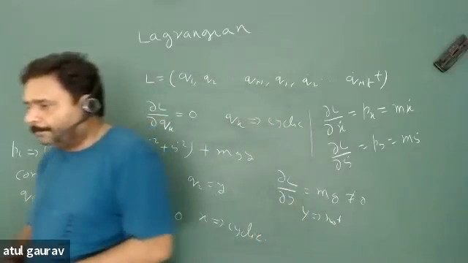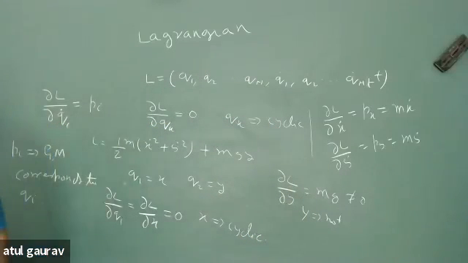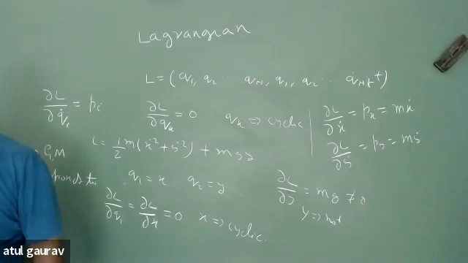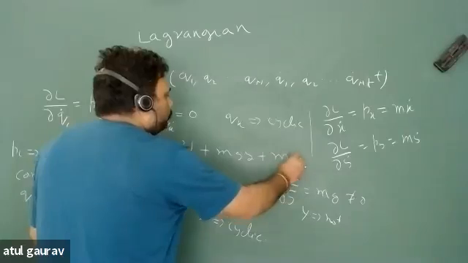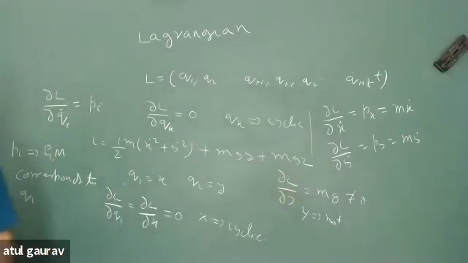Sir, in this Lagrangian that you wrote, if there is an extra term plus mgz, will z be a generalized coordinate? No. Very good question. This is not going to happen. This is a wrong Lagrangian, straightforward. Why? You have to see the kinetic energy term.